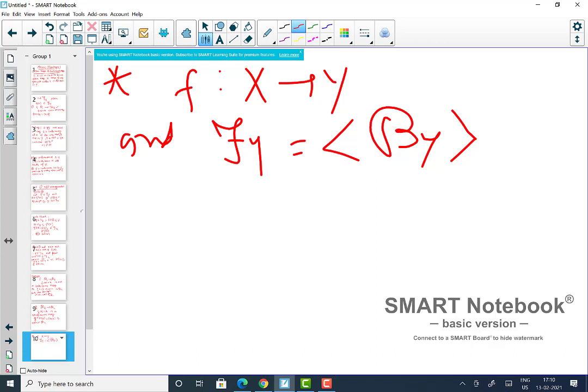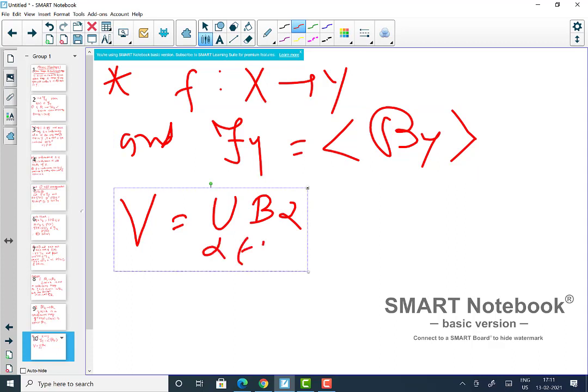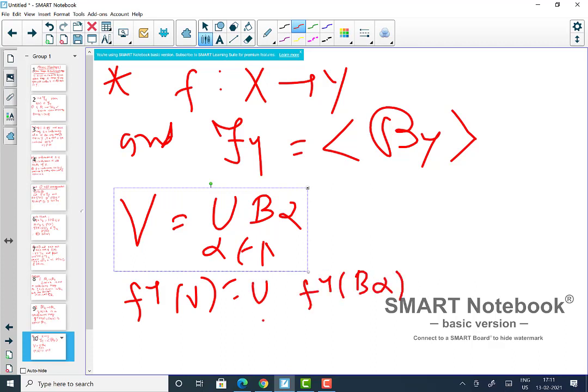Because whenever you choose any open set B in Y, it will be a union of some basis elements, right? It doesn't matter whether finite or infinite. Under this map, f inverse of B will be nothing but the union of f inverse of B_alpha, with alpha belonging to Lambda.